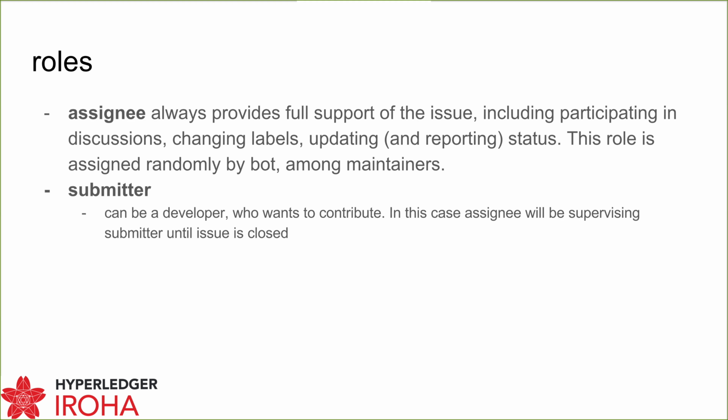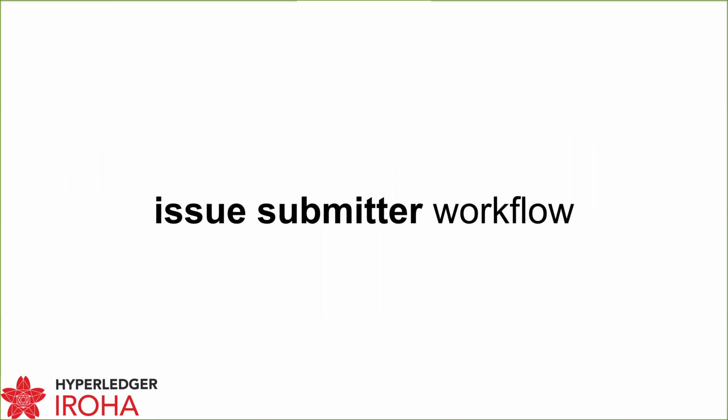Submitter is the one who submitted the issue. It can be a developer, in which case the assignee will be supervising this submitter until the issue is closed. In the case of a bug or maybe questions, it can be extraordinary people.